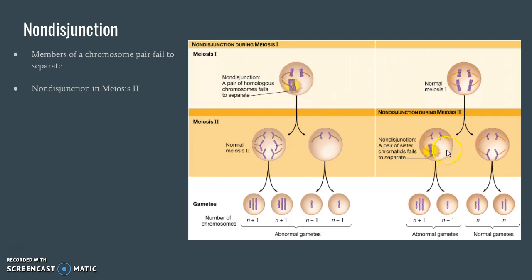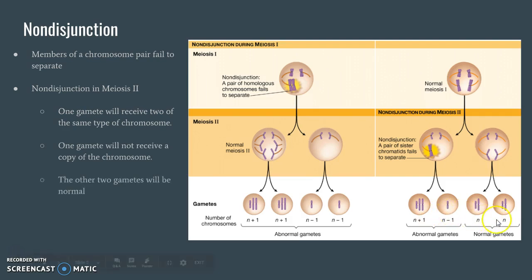So this other chromatid should go over here, as we see in a normal meiosis that occurs here. But in this cell, non-disjunction occurred. What that leads to, as we see, is one gamete will receive two of the same type of chromosomes, right there. We'll have one gamete that will not receive a copy of a chromosome, right there. We'll have two other gametes that will be normal.